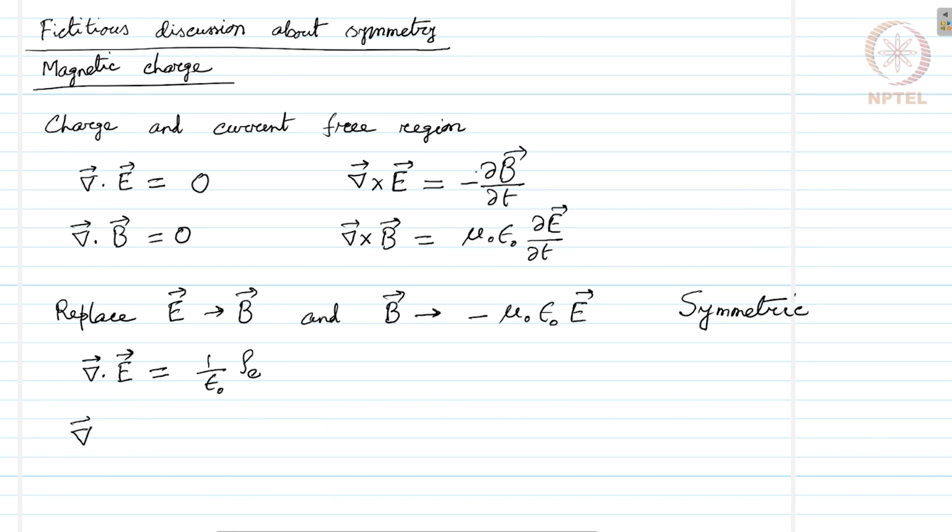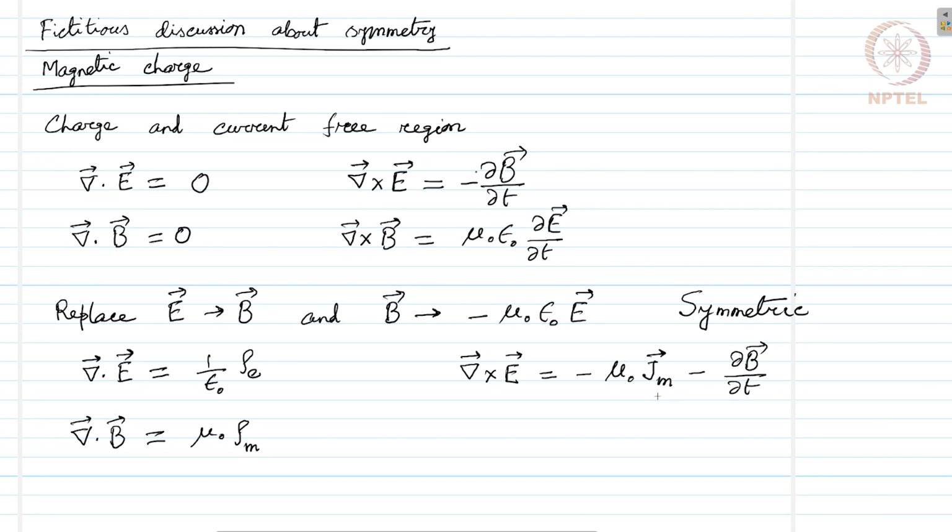If we write the symmetric to this, the divergence of magnetic field as mu naught times the magnetic charge density, and the curl of the electric field as minus mu naught J m minus del B del t. What is J m?